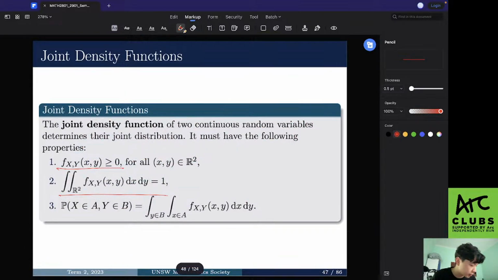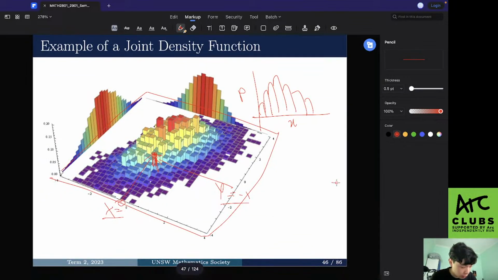And then what it says here is the probability of a given region is just the integral over the region. Let's say that this is a top-down view of our x and our y. If we wanted to find the probability that our x and y are in this region, we would just integrate throughout this region.